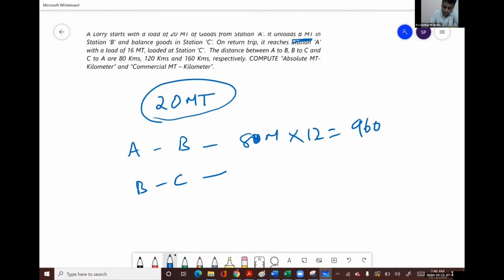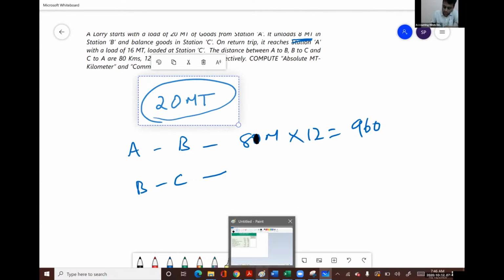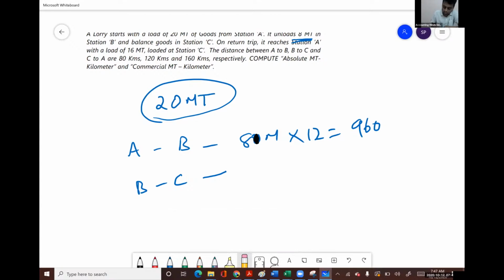This was how much? 8 metric tons, correct? Guys, please respond. 8 metric tons, right? A to B. So unloaded, you're saying. No, I got it wrong.